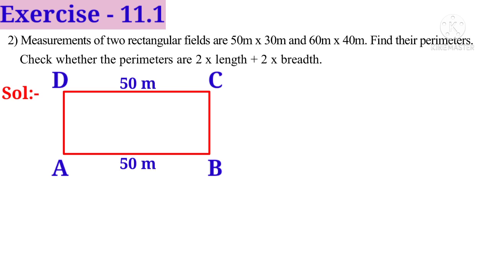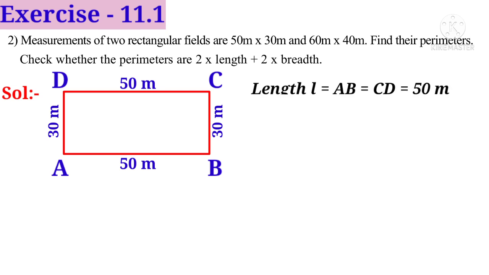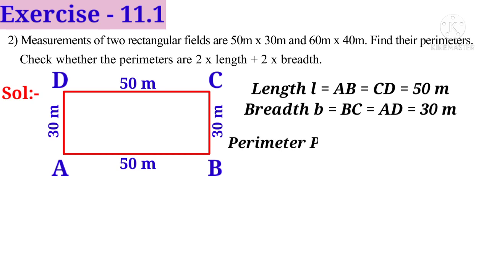Now length is 50 meters and breadth is 30 meters. So length L is AB is equal to CD is equal to 50 meters and breadth b is equal to BC is equal to AD is equal to 30 meters. Now its perimeter is nothing but sum of all its sides, that is P is equal to AB plus BC plus CD plus DA.